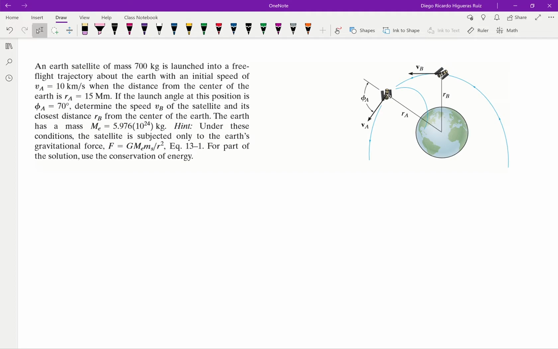If the launch angle at this position is 70 degrees, determine the speed VB of the satellite and its closest distance RB from the center of the Earth.